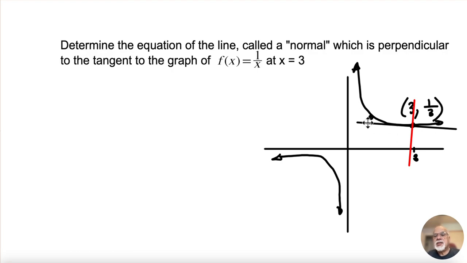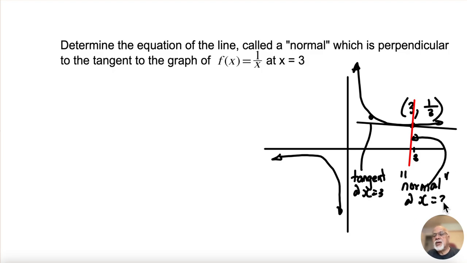So this line here, the black one, is called the tangent at x equal to 3, whereas this line is called the normal at x equal to 3. And that's what this question is asking us to do, determine the equation of the normal, which is the line which is perpendicular to the tangent of that curve at x equal to 3.